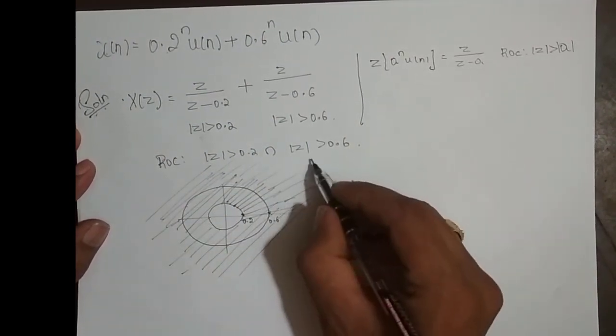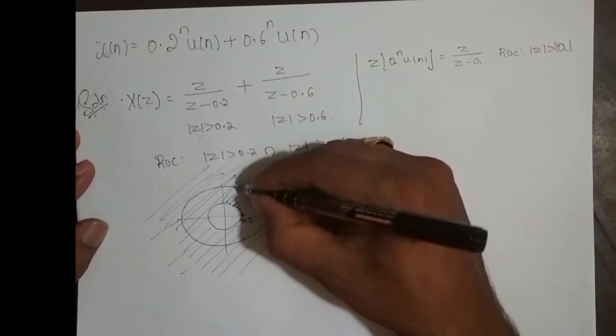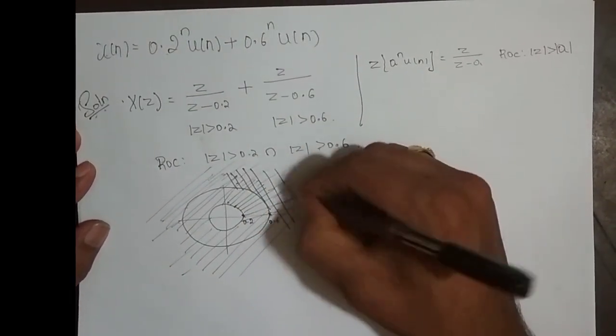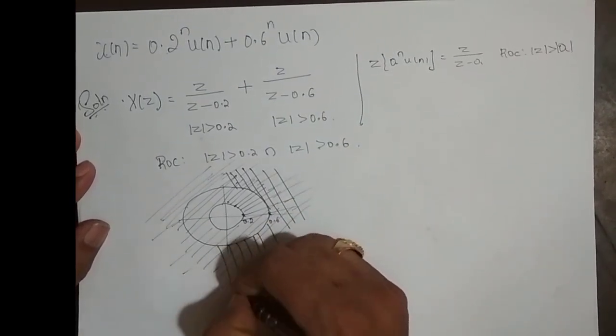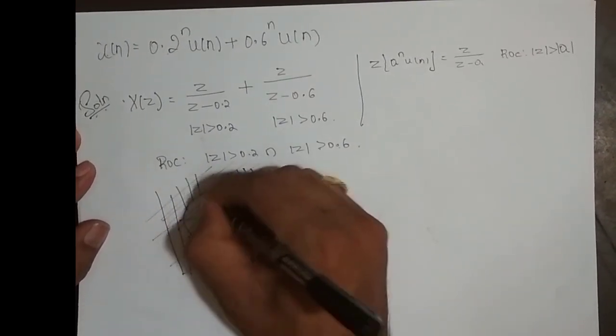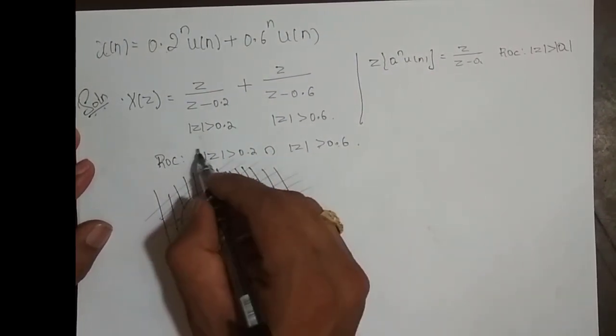Now for the outer circle it is greater than 0.6. This is also greater than, so I'll put it like this.